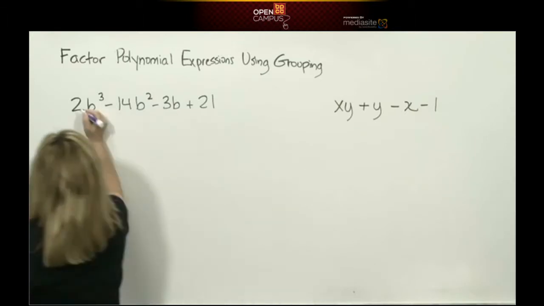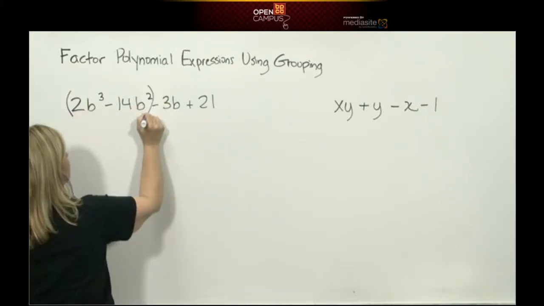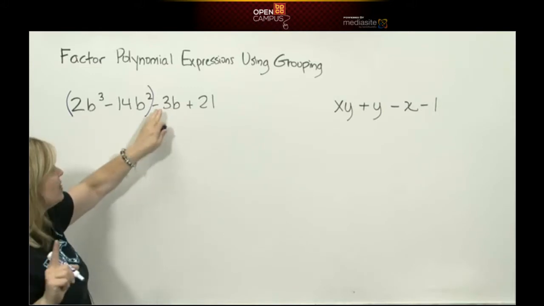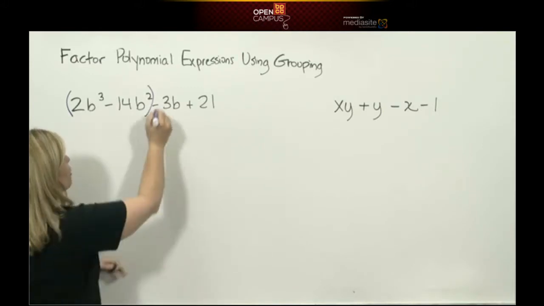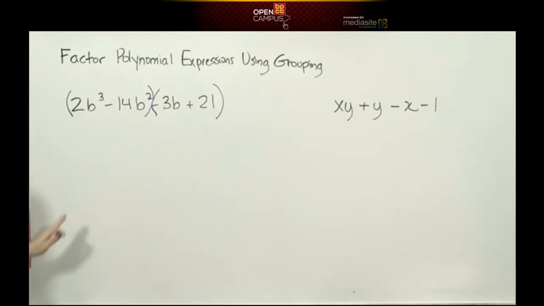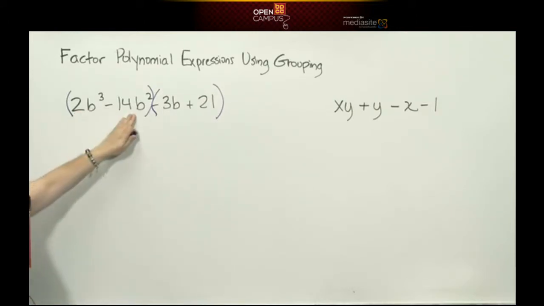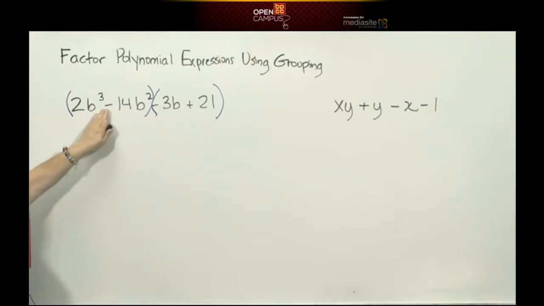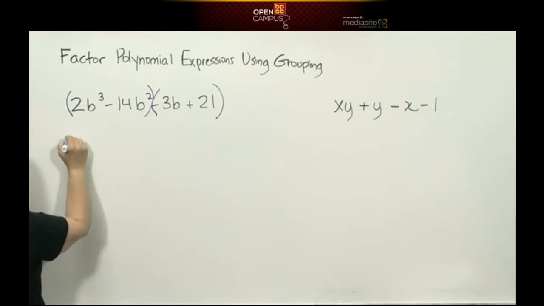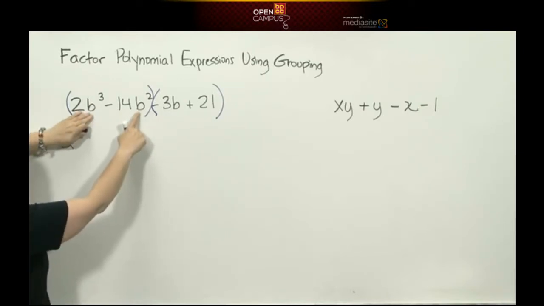Grouping means to group the first two terms together and to group the last two. And be careful. That symbol belongs to that 3, so that's what you're grouping. Now, what we're looking for is, what do these terms have in common? Well, 2b cubed minus 14b squared have a number in common. You can divide them both by 2. They also have a variable in common.